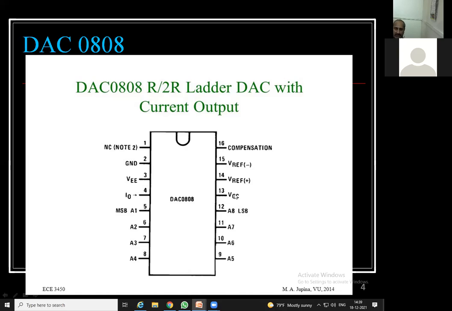Then VCC is also required, VEE is also required, ground is the common one, and the compensation pin is for additional settings of this DAC, to adjust the resolution and so on.